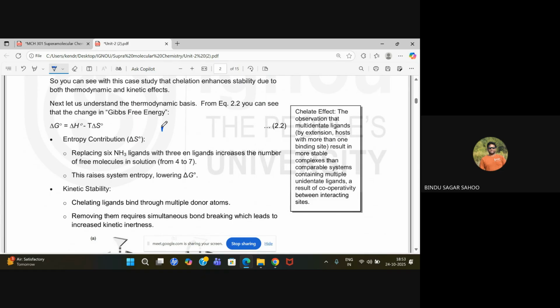That means suppose this is the [Ni(NH3)6] complex, a single complex ion, and you are adding three en groups, ethylene diamine groups, as reactants.